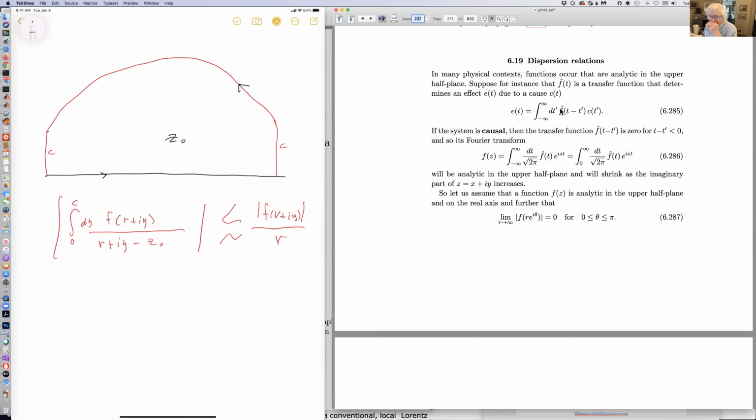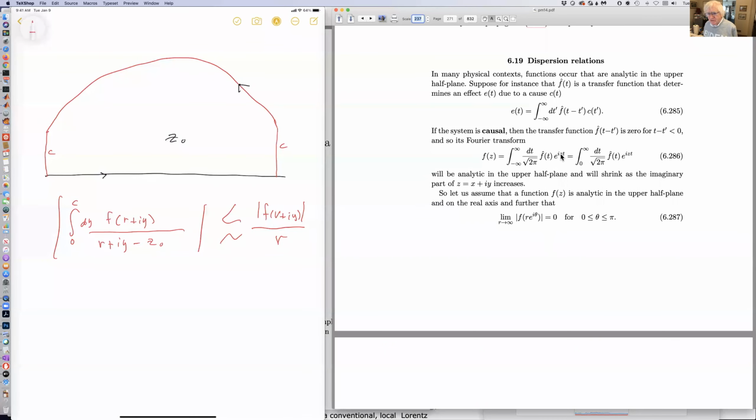And f hat would be a function of t and t prime, where I'm assuming that it's a function just of t minus t prime. And then one would imagine that the transfer function would be 0 when t is earlier than t prime, because the cause is supposed to occur before the effect. So that means that this function f hat of t is 0 for negative t. And so in this Fourier transform, t is always positive.